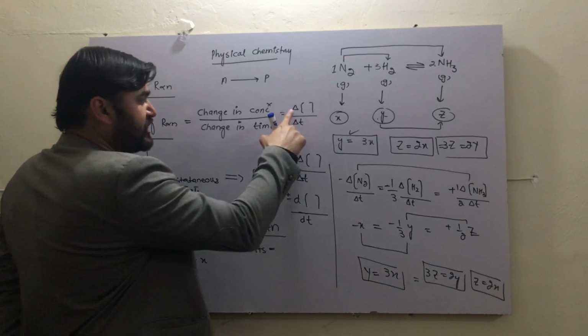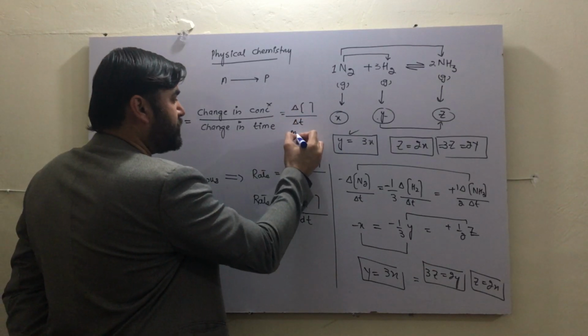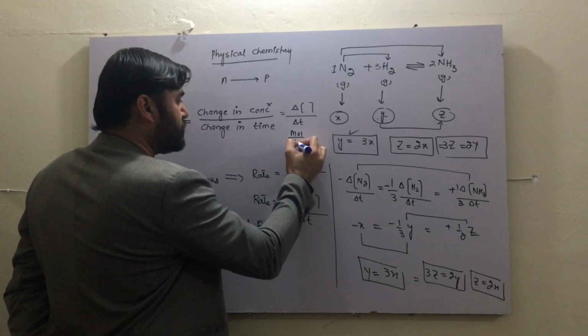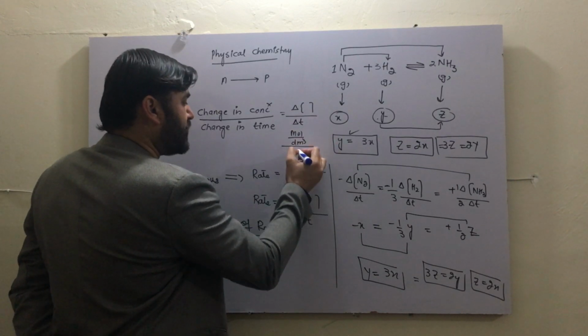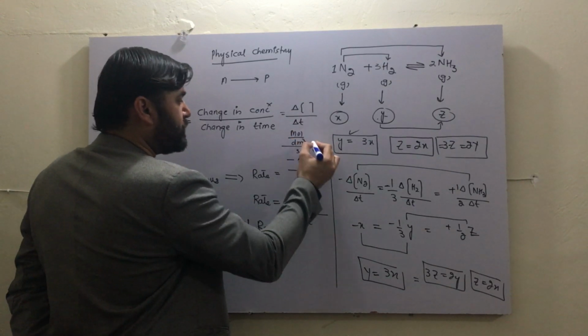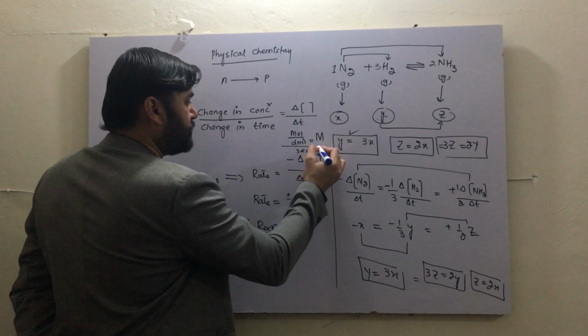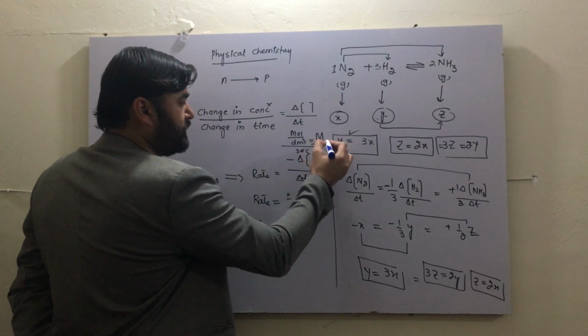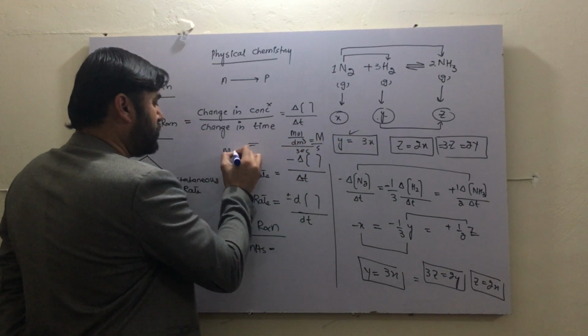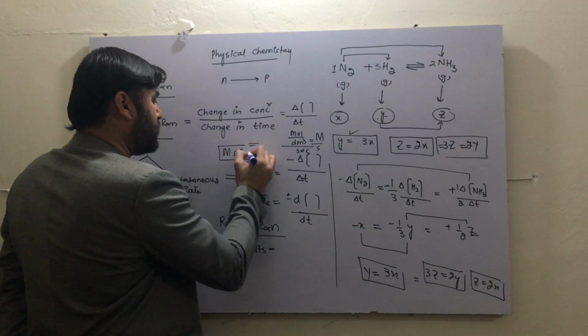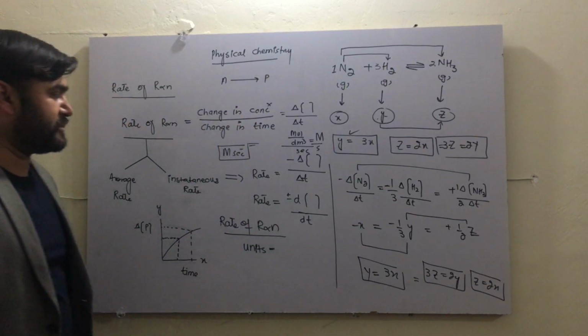Now see, concentration means moles per dm cube, and change in time is in seconds. Mole per dm cube is called molarity, so mole per dm cube per second is the unit of rate of reaction.